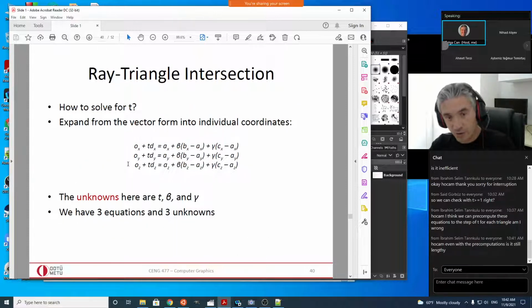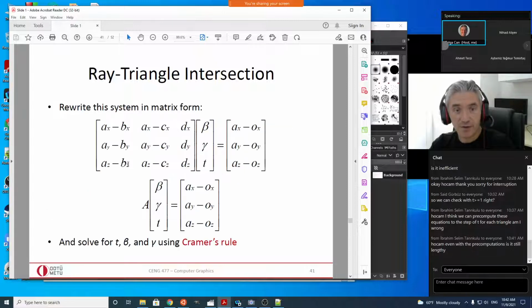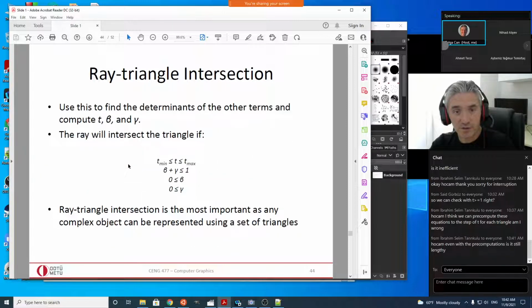And we have also done the 3 equations, 3 unknowns method, the other method. So this is done. And right now our ray tracing algorithm is like this. So yeah, these are the equations. Whatever minimum t we're looking for, we check whether our t is between some bounds. Why do we have a t max?